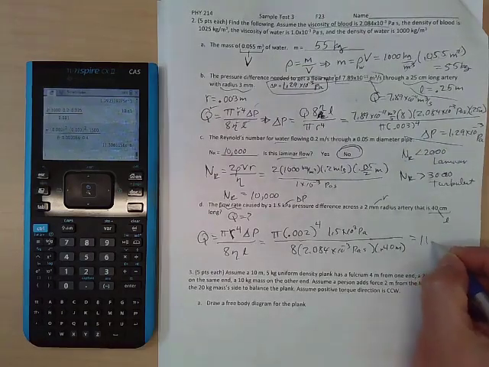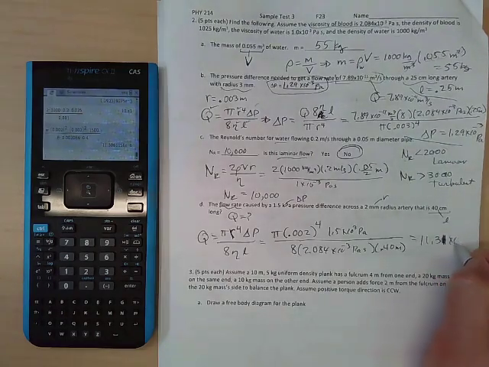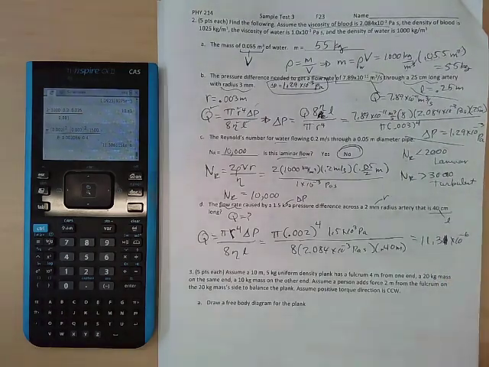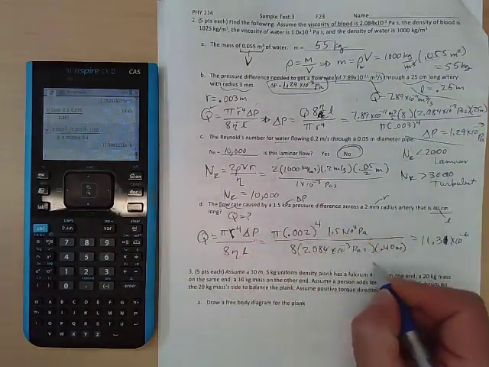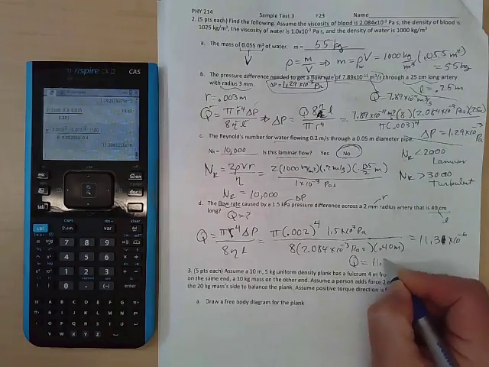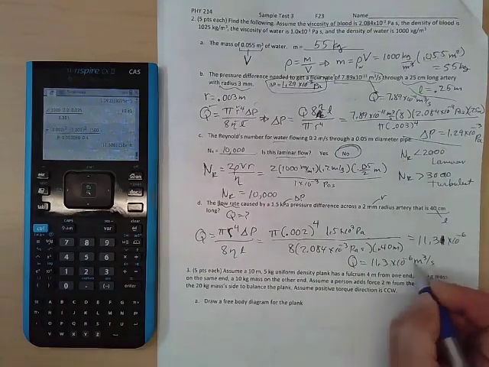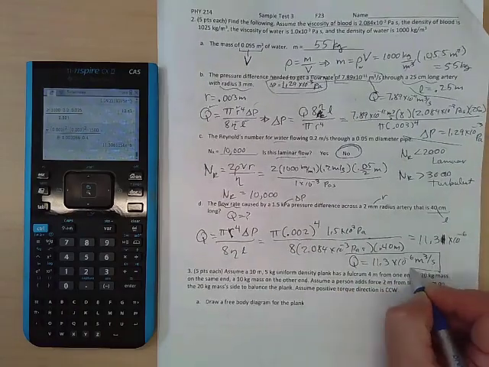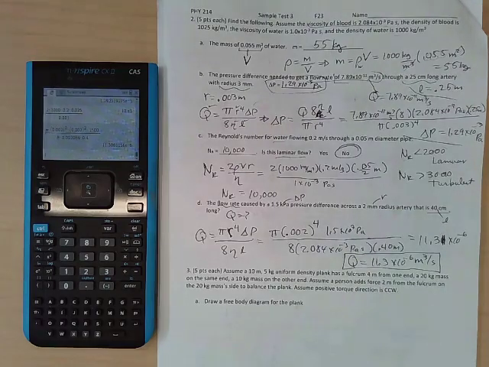Alright, 11.303 times 10 to the negative 6. Okay, so Q is 11.3 times 10 to the negative 6 cubic meters per second. Again, cubic meters are huge things, so a very small flow number makes sense. And that's what I got last time I plugged it in too, so that looks good.